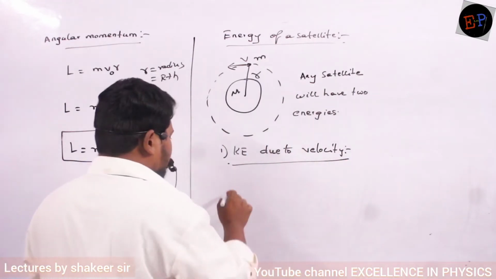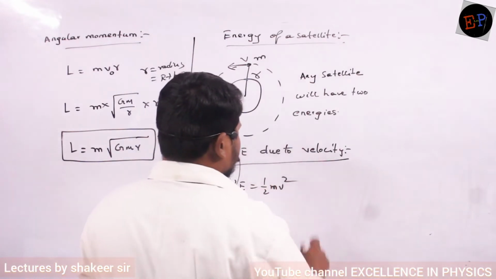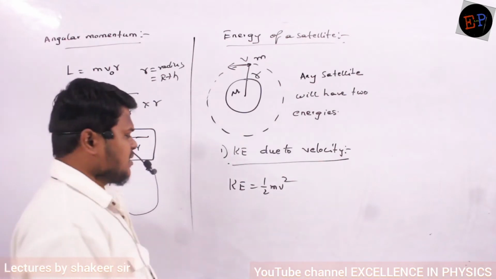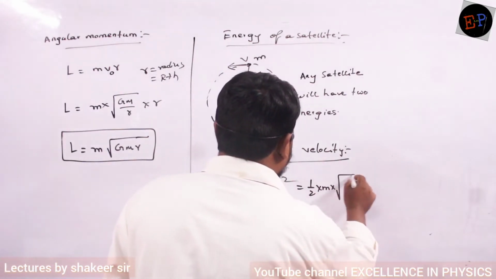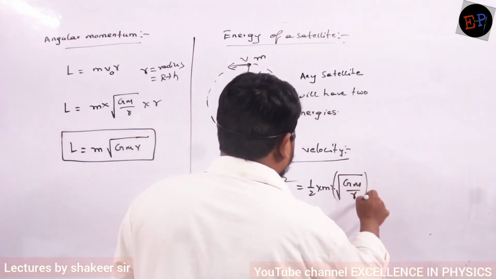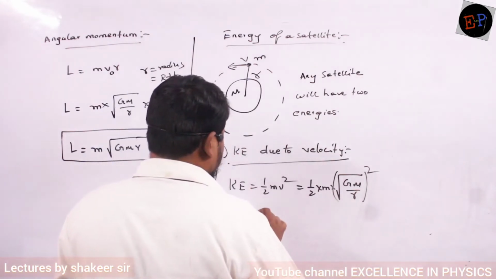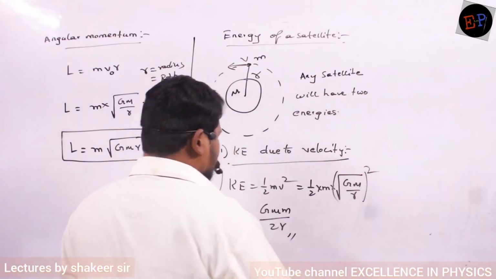So kinetic energy formula is half mv square. And what is meant by v? V is nothing but orbital velocity. So substitute: half into m into square root of GM divided by r, whole square. So therefore what is the equation of kinetic energy? G capital M into small m divided by 2 into r. This is the relation.